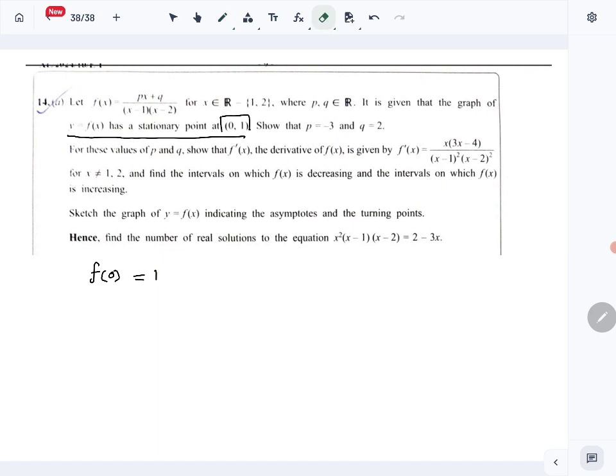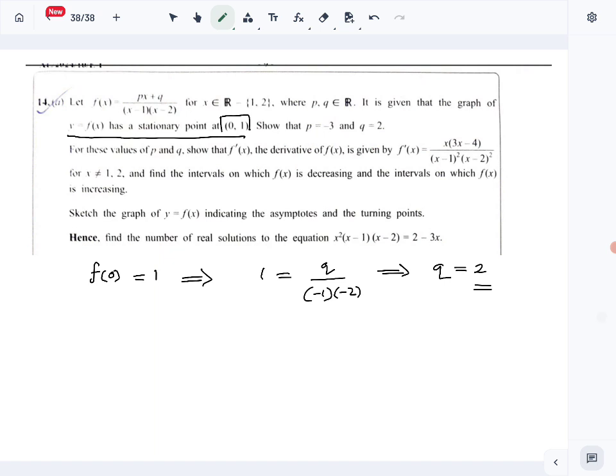So using that, we can create an equation: 1 equals, substituting x equals 0, q minus 1 times -2. So we can easily find the q value using that. So q is equal to 2, right?